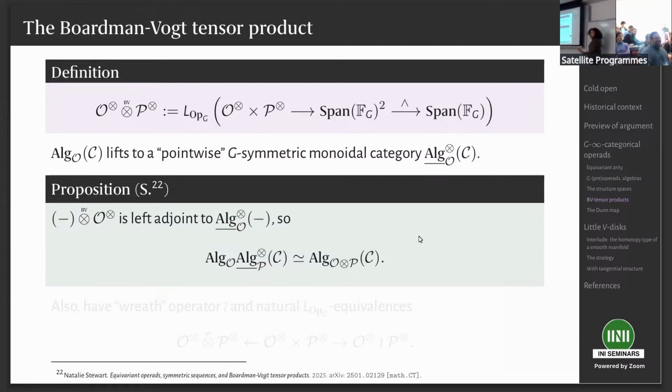This all is fibered over the category I called span of finite G-sets, which some people who are more algebraic geometry coded might prefer as a category of correspondences in finite G-sets. It has objects, finite G-sets, and morphisms are spans. Say a morphism from X to Y will be a span going like this.